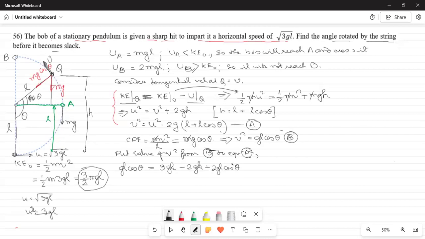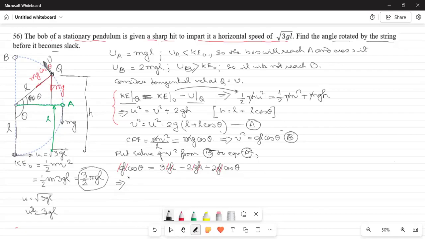So gL cos theta plus 2gL cos theta. In fact, all gLs get cancelled.